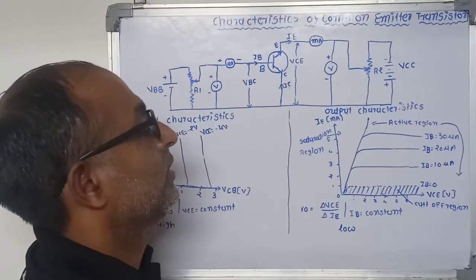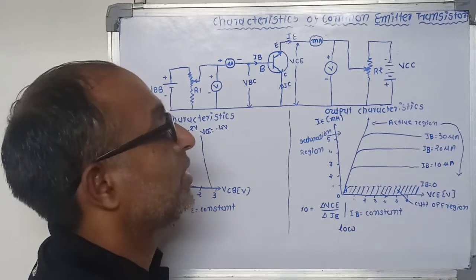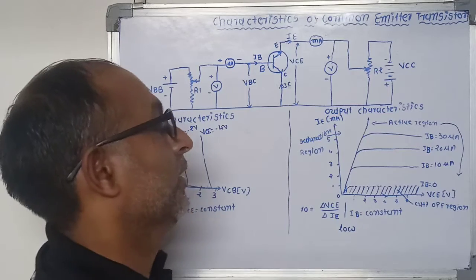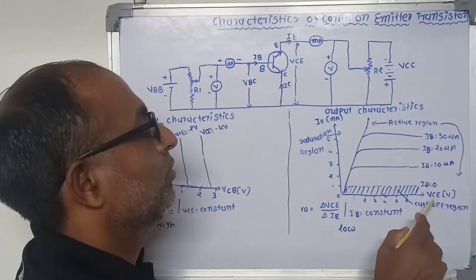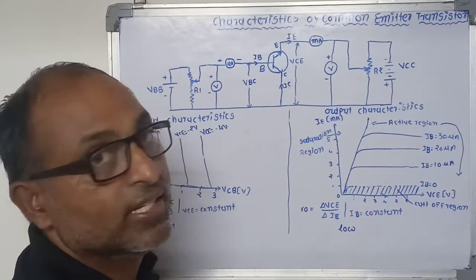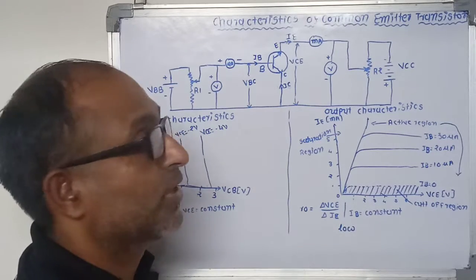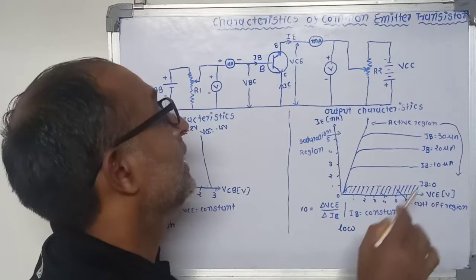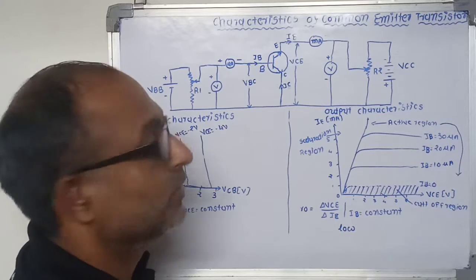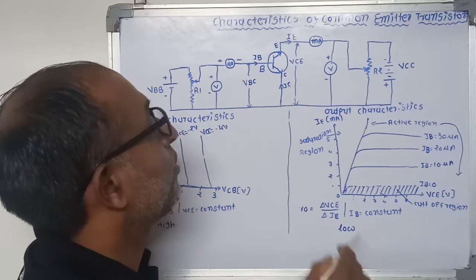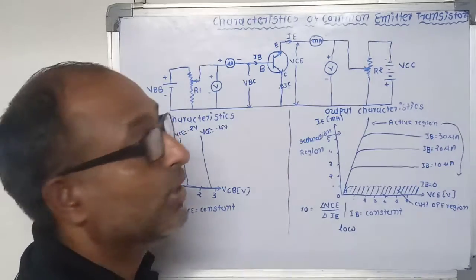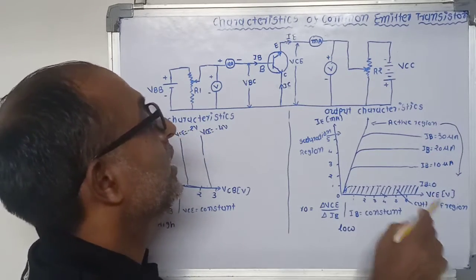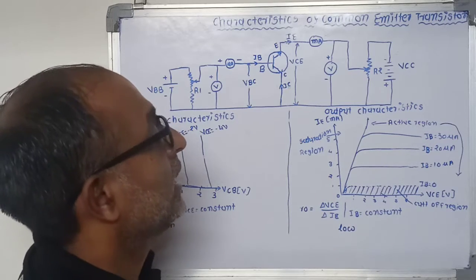Then next, the base current IB is increased from 0 to 10 microampere, and then the collector emitter voltage is increased from 0 to different voltage levels. For the different voltage levels of VCE, the corresponding emitter current is recorded, and a curve is then drawn between VCE and emitter current IE.